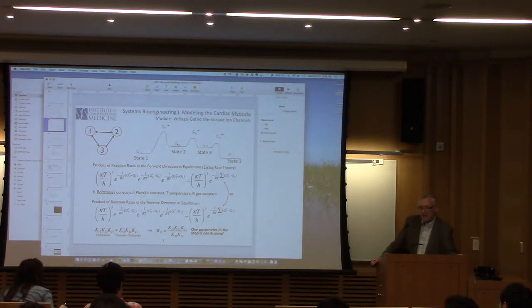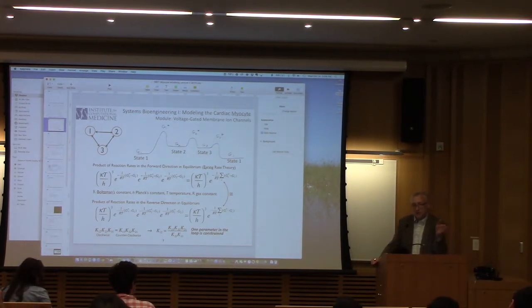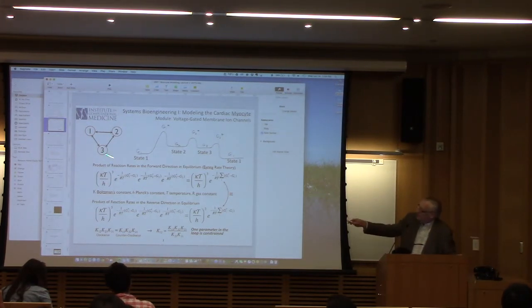That theory describes the rate at which a chemical system transitions from one state to another under the assumption that that transition involves traversing an energy barrier. And so let's think of these 3 states that do form a loop. We can transition between these states in the indicated manner.